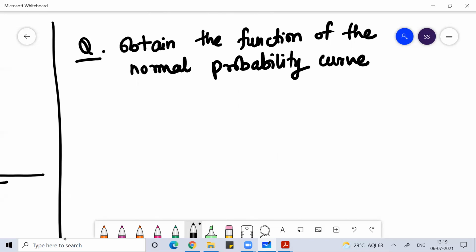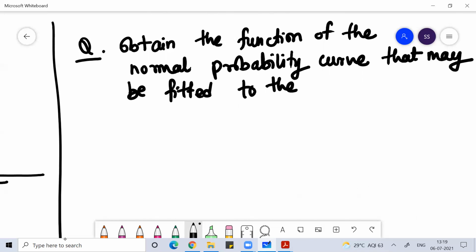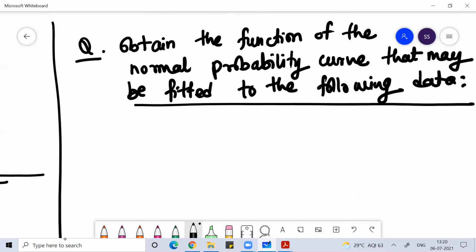Obtain the function for the normal probability curve that may be fitted to the following data. Okay, guys, write down this question.